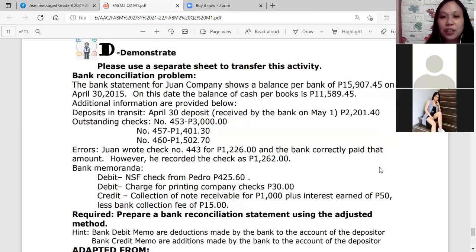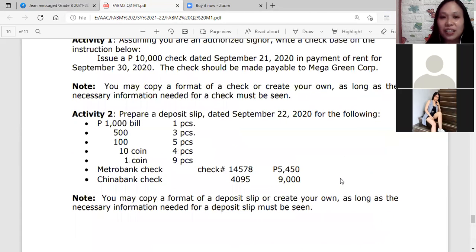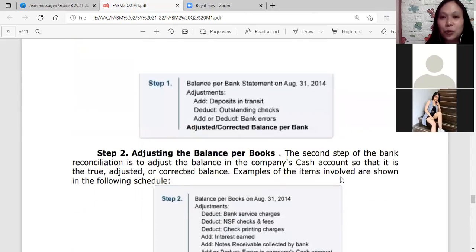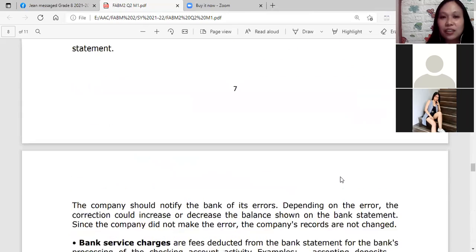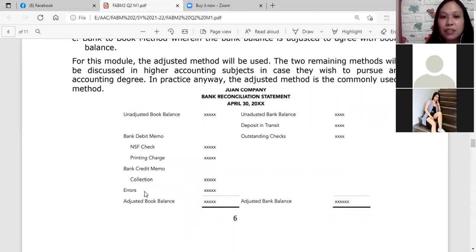Ma'am, for interest earned or bank collection, where should it be placed, in the adjusted bank balance or on the other side? Interest earned. Check where the interest earned is. Who receives the interest earned? Is it the company or the bank?